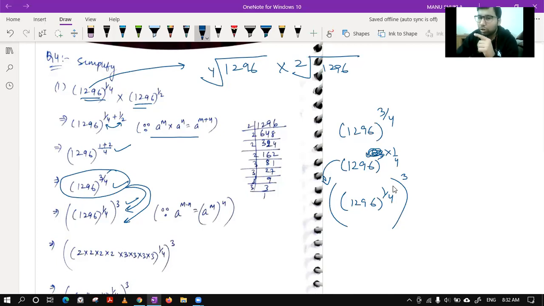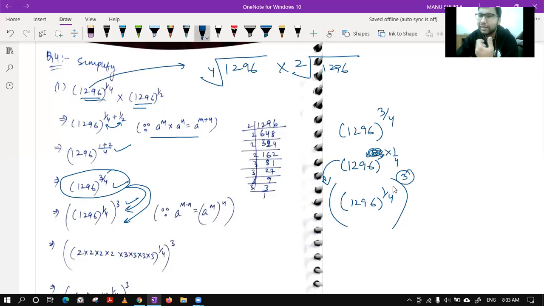Why have I not brought in the 3 first? Can anyone answer this? Why is it not good to bring 3 first? Anyone have an idea why it is better to take 1/4 first? Yes, because 4 can divide. 4 will make the number smaller.